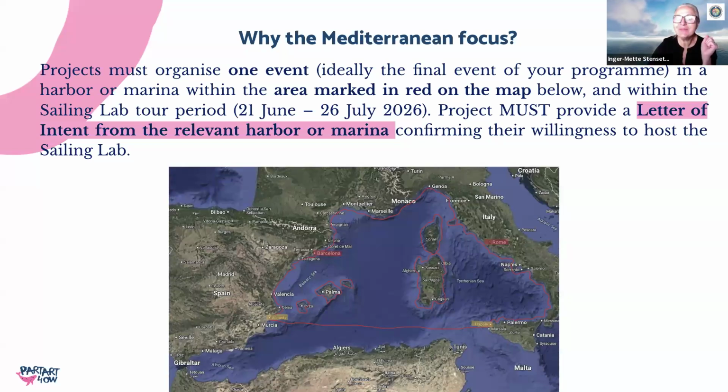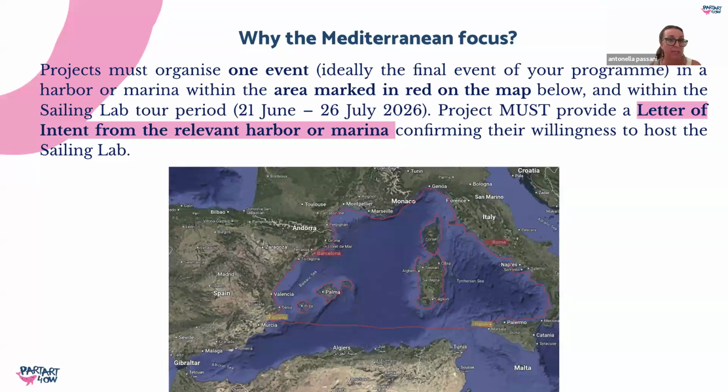Can I ask a question? Yes. Is it correct to understand that you have 7 projects within the Mediterranean area? Or do you want to have consortiums working, for example, in Ibiza, Barcelona, Monaco? You want to have a consortium working on the same topic with artists? This is up to you.